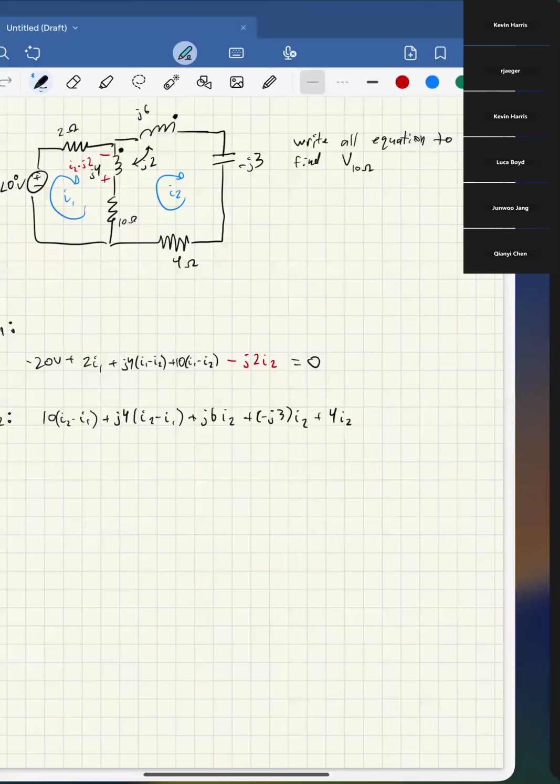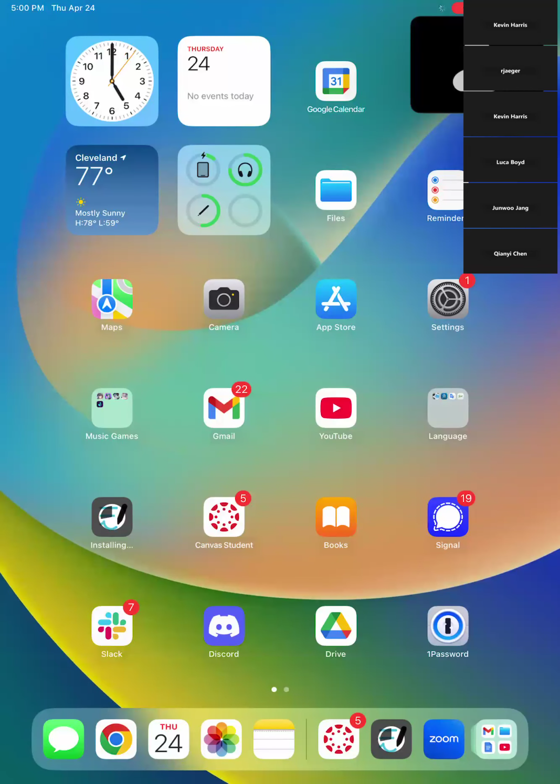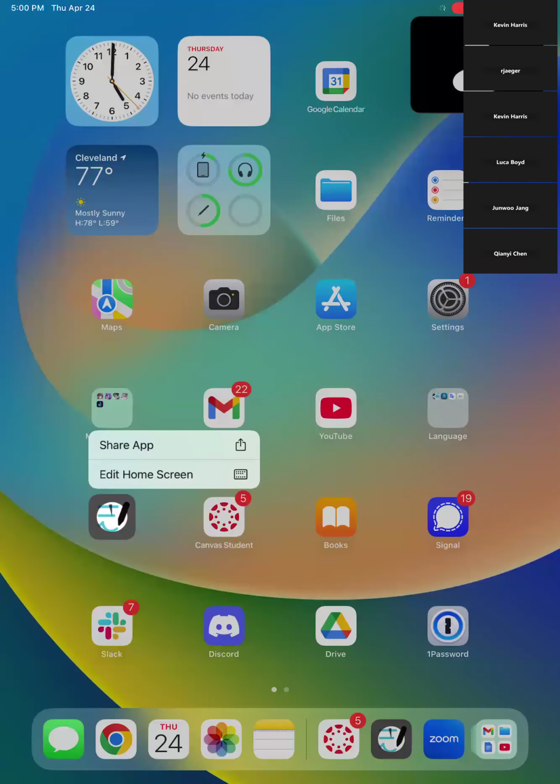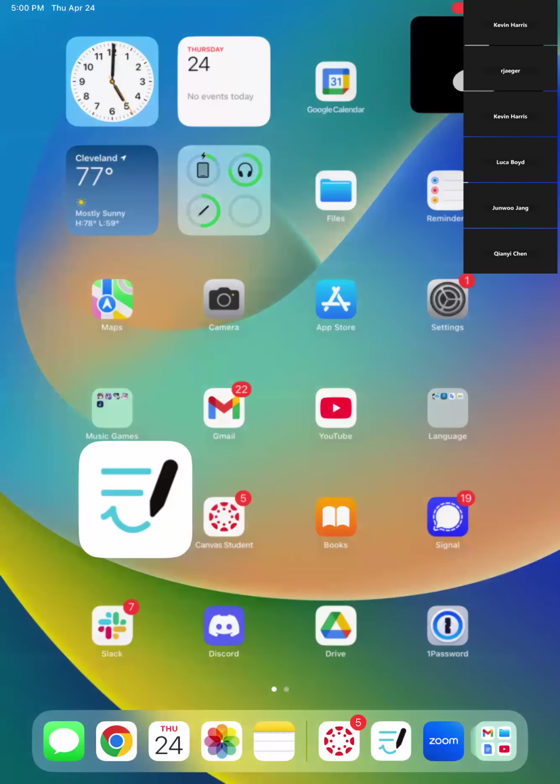Oh, my Zoom. GoodNotes decided to update when I was not looking. Why would it do that to me? Give it a couple seconds. Come on. You can look at my home screen while you're waiting. What the hell? Oh, okay. There we go. GoodNotes trolling me right now.